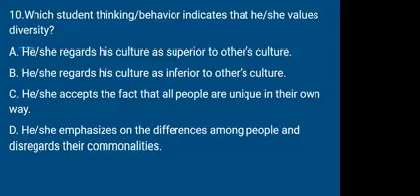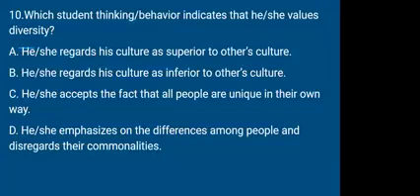And for letter D, he or she emphasizes the differences among people and disregards their commonalities. So we are talking here about student thinking or behavior that indicates that he or she values diversity.